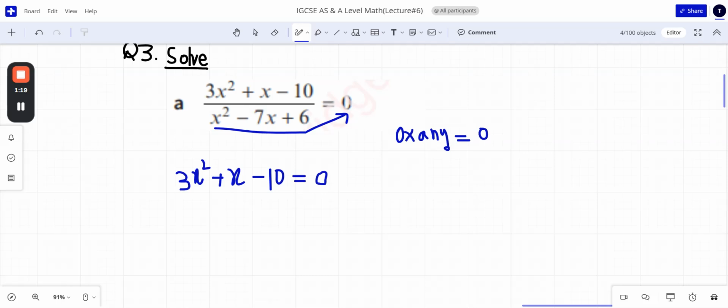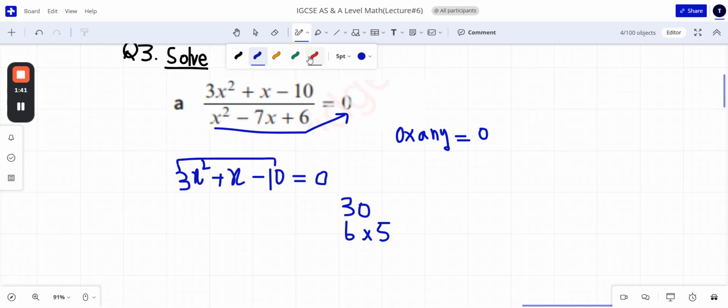So for factorization, multiply the first term with the last term. So 10 times 3 would be 30. Now the factors of 30 which are valid for this equation: 6 times 5. 6 times 5 is 30 and 6 minus 5 is 1, which is the middle term. There is no coefficient, it means the coefficient is 1.